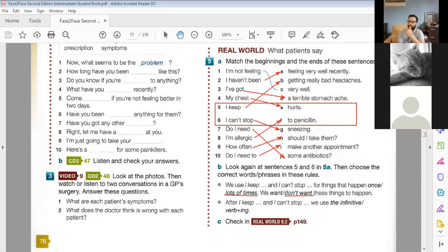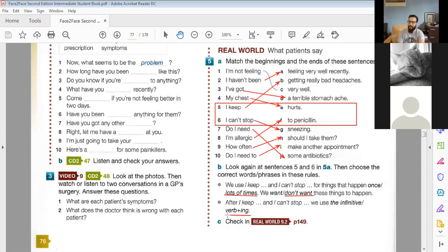It says when you want to use I keep or I can't stop, should you use the infinitive or verb plus ing? I can't stop sneezing. I kept getting... ing. Yes, that's correct.